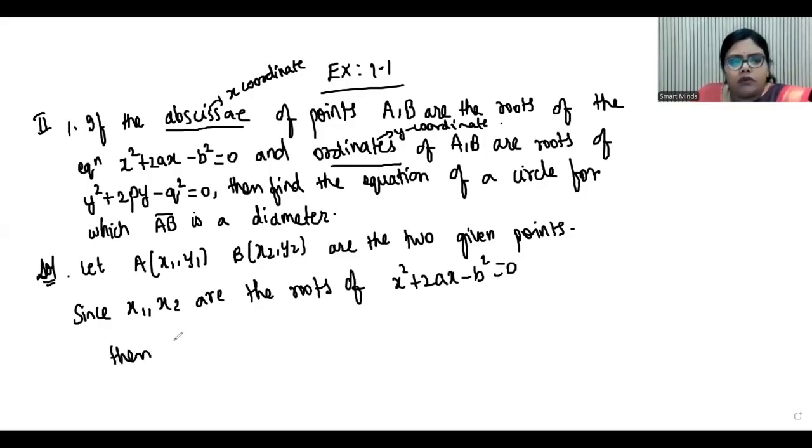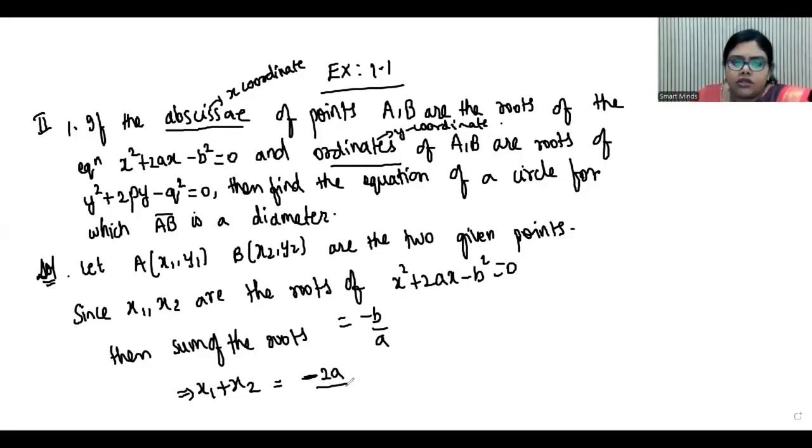Then what is the sum of the roots? We know that the sum of the roots formula is minus b by a. So sum of the roots means add the roots. x1 plus x2 is equal to minus, what is b from this equation? 2a, by what is a from this equation? 1. So we got x1 plus x2 is equal to minus 2a.